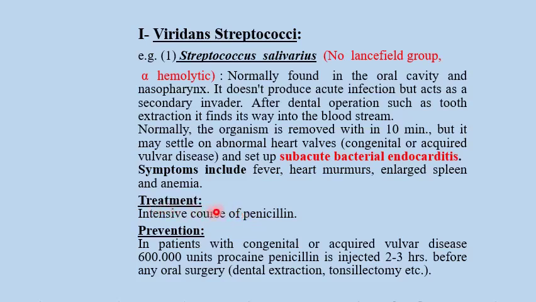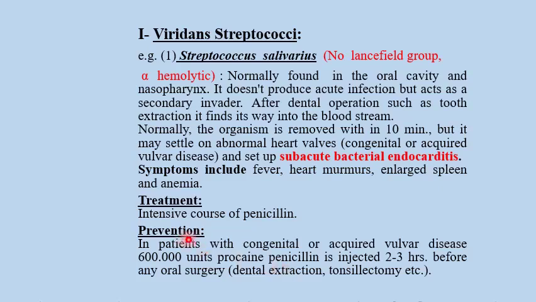This is for the treatment, but of course, prevention is more important. In patients with congenital or acquired valvular diseases, they must take 600,000 units procaine penicillin injection 2 to 3 hours before any oral surgery. Example: dental extraction, tonsillectomy, any surgical operation in the mouth.